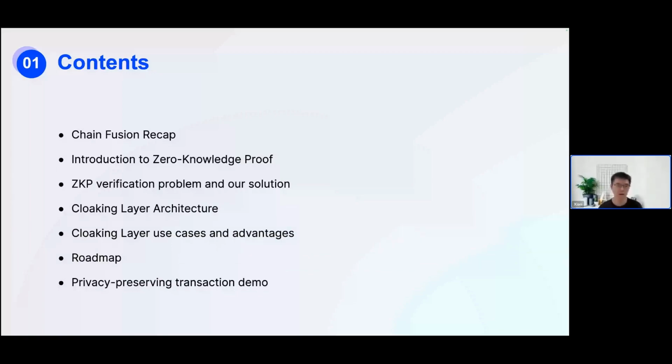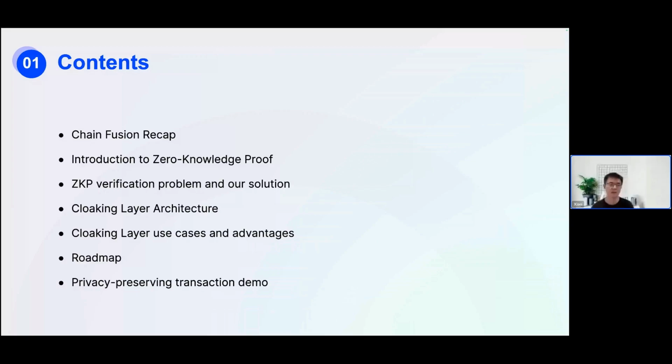We're going to talk about the zero-knowledge proof verification problem and our solution. We are going to talk about our product, the Cloaking Layer, its architecture, its use cases, and the advantages it brings. I'll also show you the roadmap of this product and a small, quick demo on how to do privacy-preserving transactions using the Cloaking Layer.